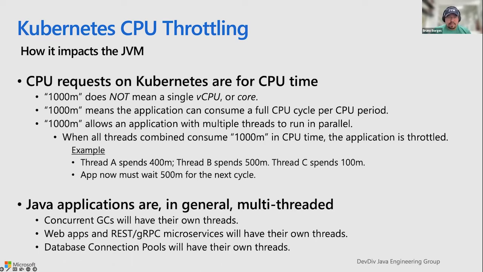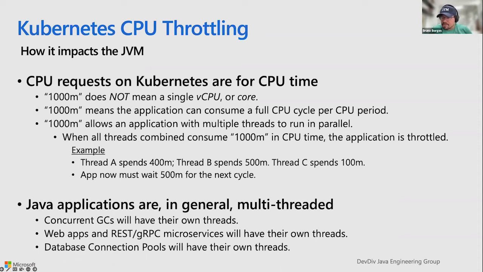So let's take this example here. You have a Java application with 2 threads, and you put a limit on the Java application of 1,000 millicore. But again, it's a multi-threaded application. You have 2 threads coming in, let's say 2 users doing an HTTP request at the same time. One request spends 400 millicores, and the other request spends 500 millicores. And then there's a third thread, let's say the garbage collection thread, that consumed 100 millicores.